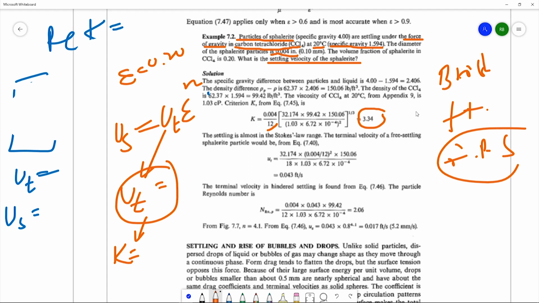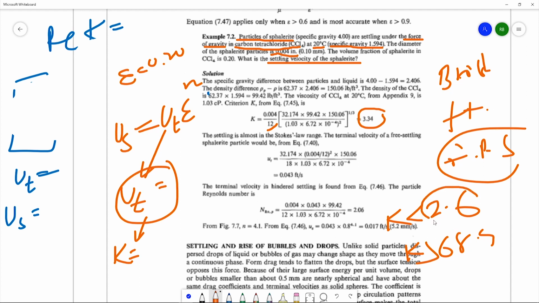So if the value of k is 3.34, what is the flow regime? For Stokes flow, it was around 2.6, and if it is Newton's regime, it was 68.9, something like that, right? So you can check it.